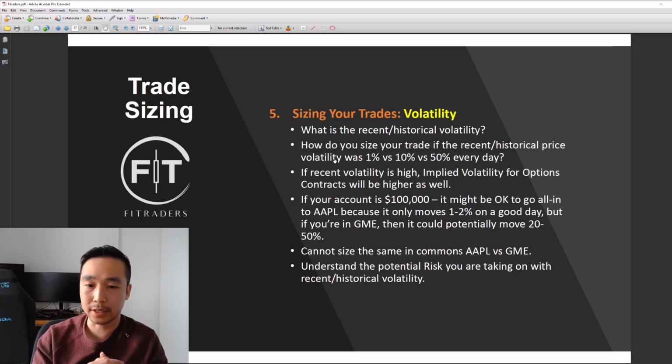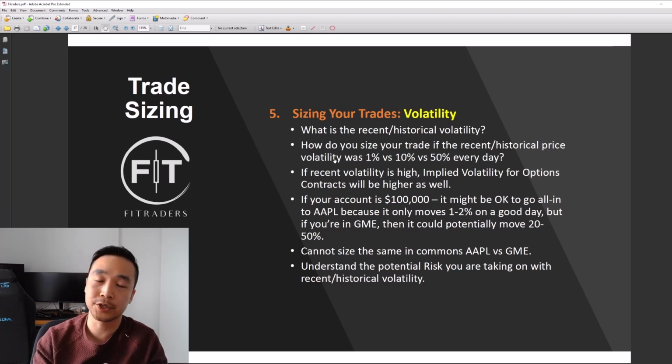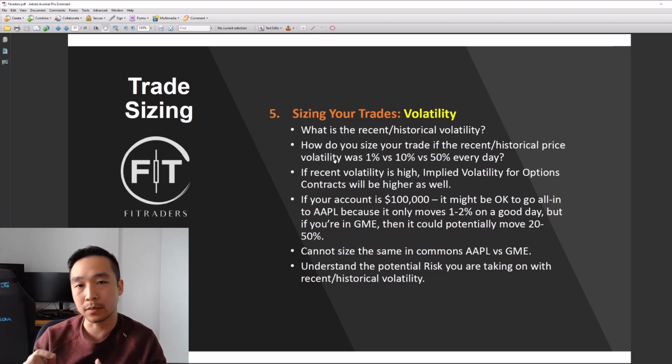You've got to consider that if recent price volatility was high, implied volatility is going to be very high. And because implied volatility is high, the options contracts are going to be expensive. And the more expensive the options contracts are, the less likely it is for you to have a profitable risk to reward ratio.